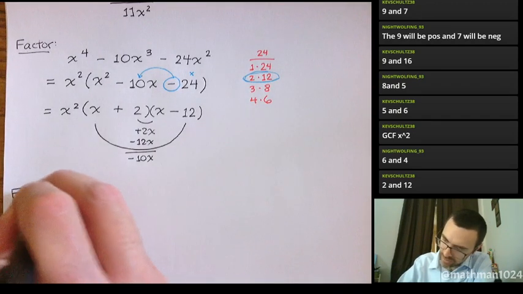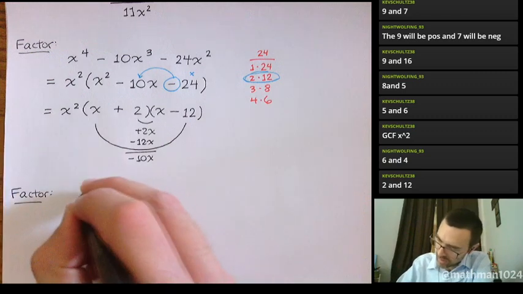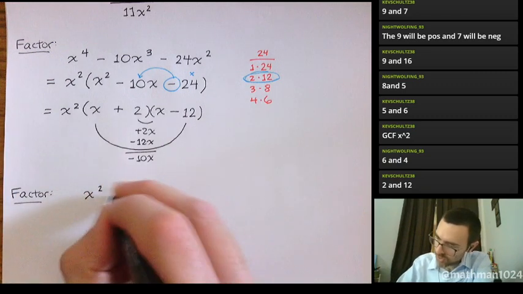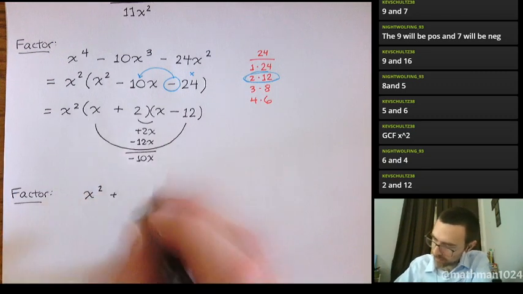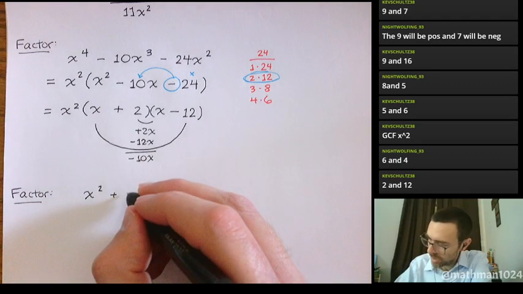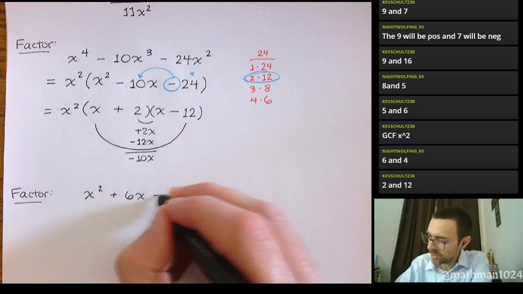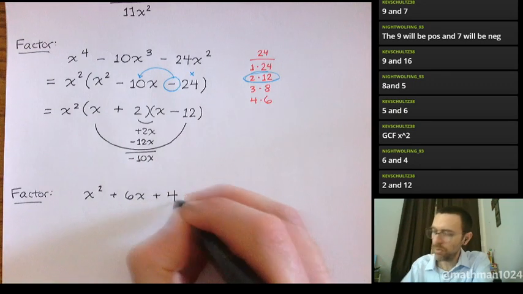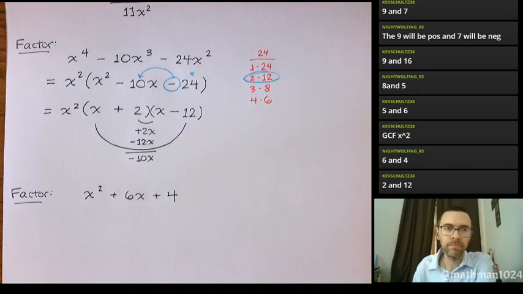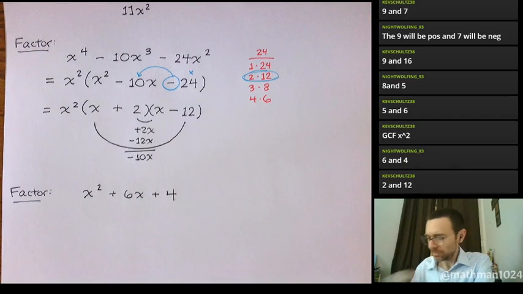All right. Let's try x squared plus 6x plus 4. This is a normal looking trinomial. Is there a common factor?